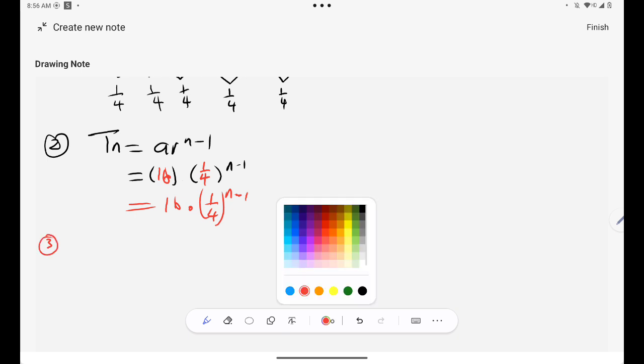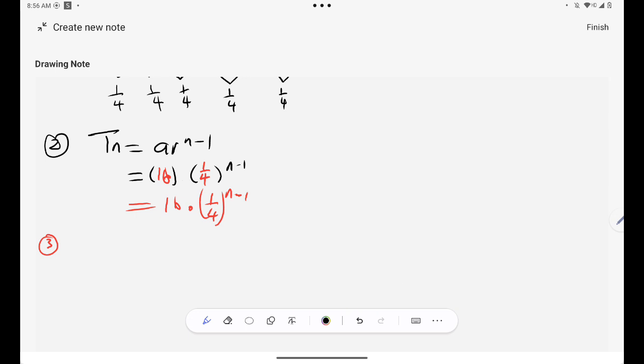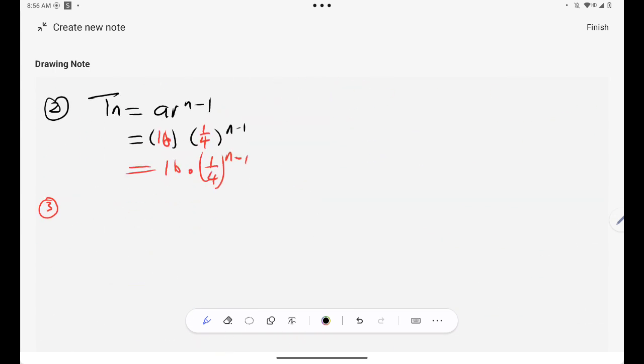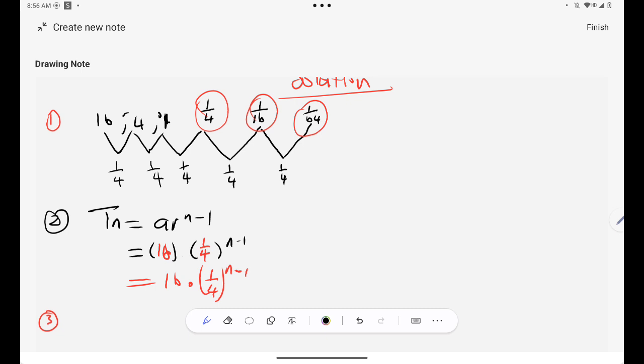Number 3, what's the question saying? Which term of the sequence is equal to 1 over 64? I already know that that's going to be the 6th term. Let's say I calculated incorrectly on number 1.